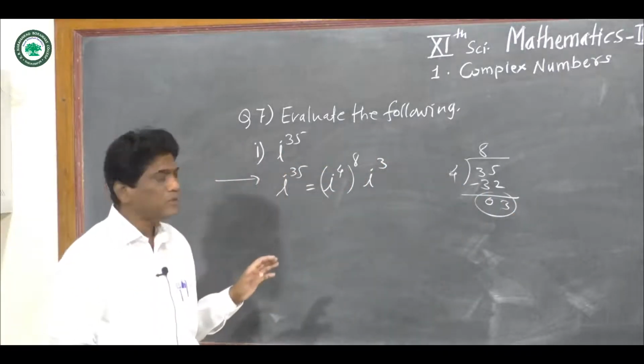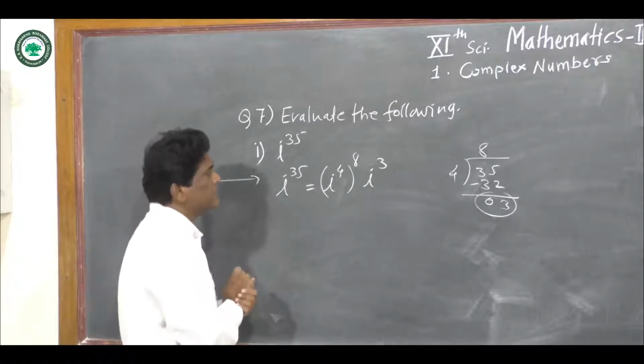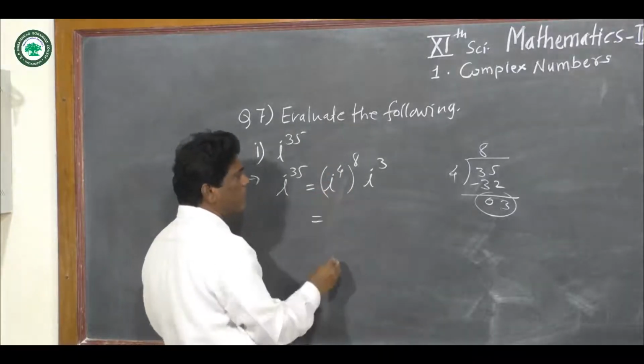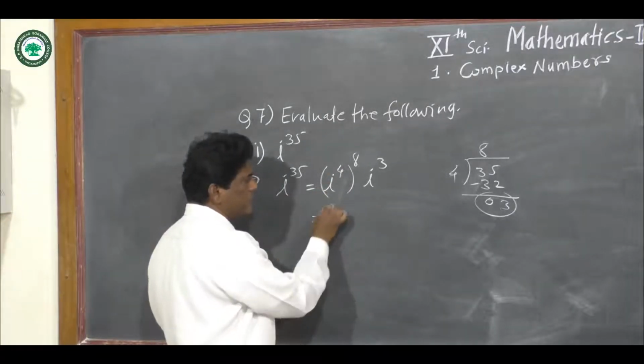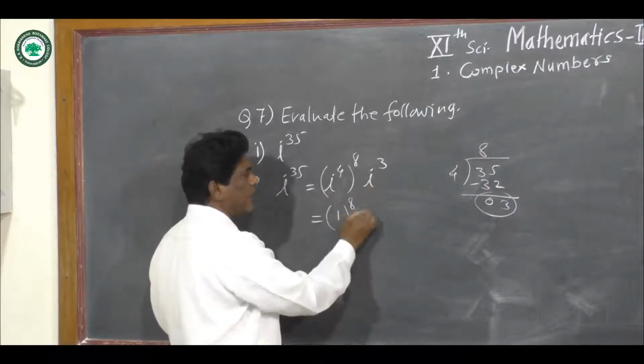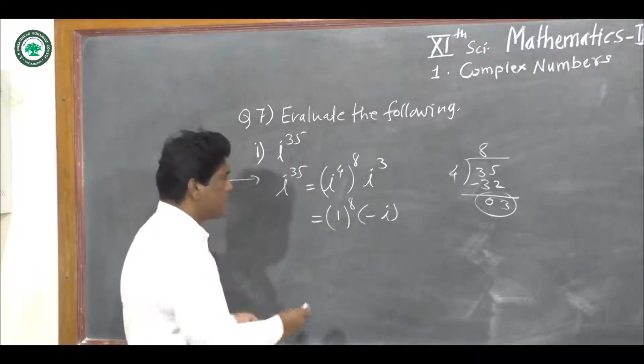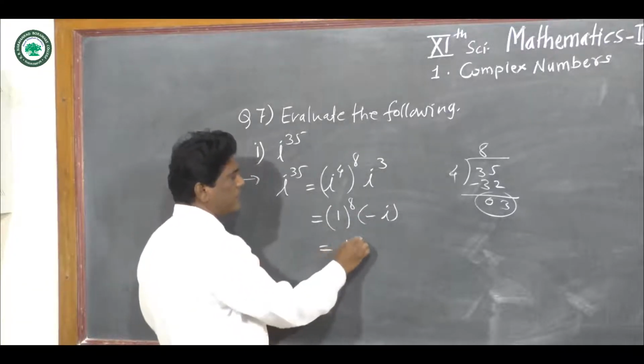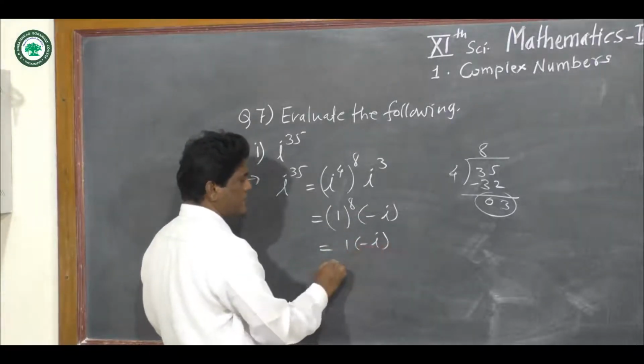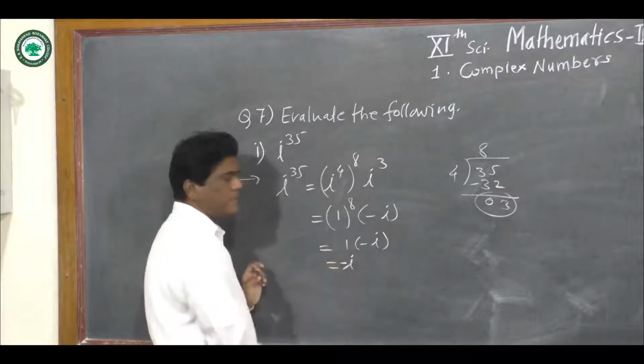For every problem we use this method. Now we know that i to the power 4 is 1, 1 to the power 8, and i cube we know is minus i. 1 to the power 8 is 1 into minus i, and so the solution is here minus i.